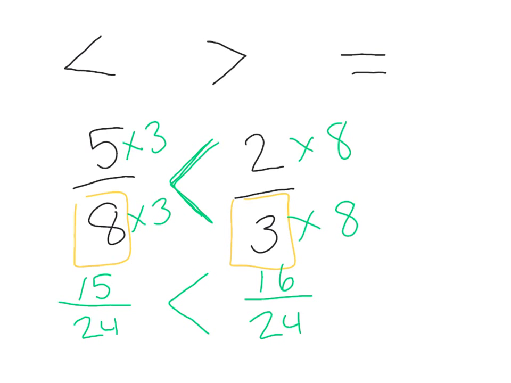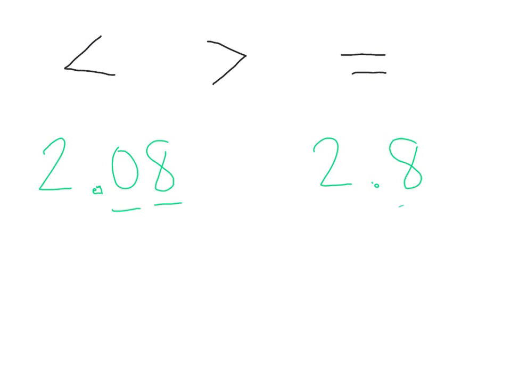All right, and we have one more problem that we're going to take a look at. This time we're going to be comparing decimals. So 2.08 and 2.8. All right, when I compare decimals, I think it's really important to line up your decimals or to make sure that the number of places after the decimal are the same.